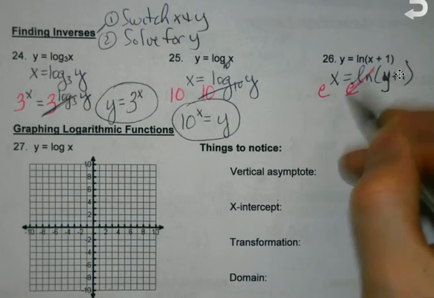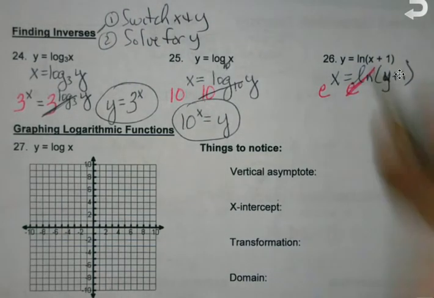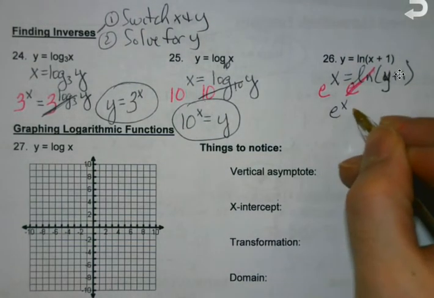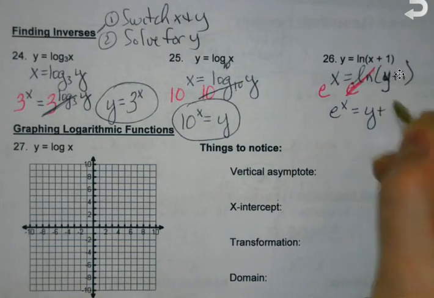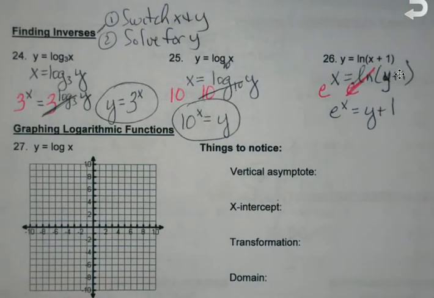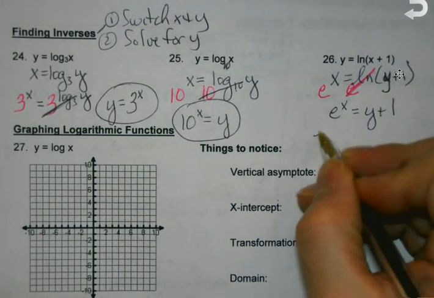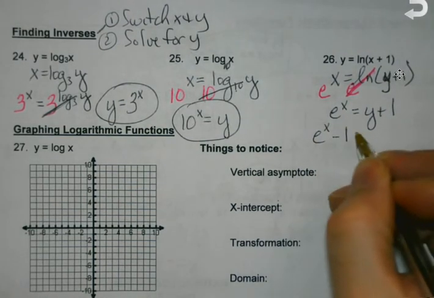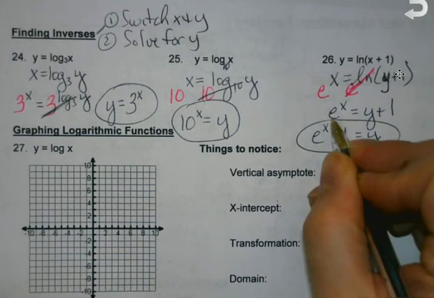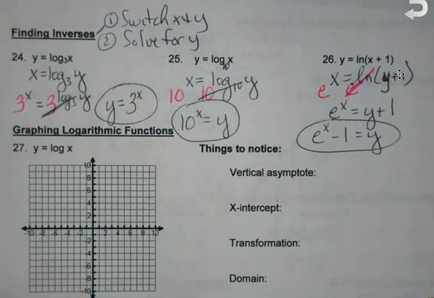So my E and my natural log will cancel. And I have one step left this time to get y alone, and that's to subtract the 1. But I can continue to keep making my sides exponents by using either the base of my log or E as an inverse.